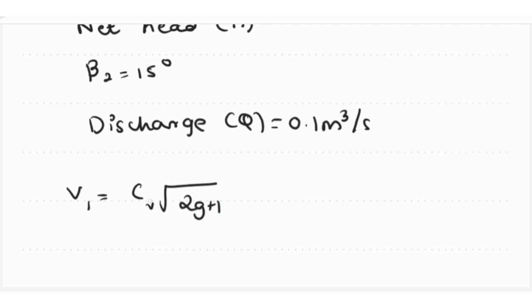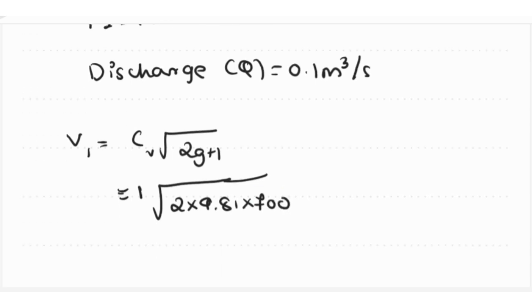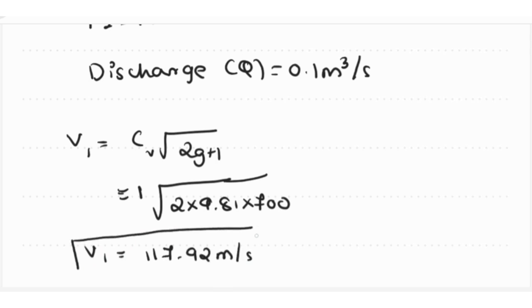Here Cv is not given, we will take it as 1, into 2 into 9.81 into 700. So we will get v1 is equal to 117.92 meter per second.